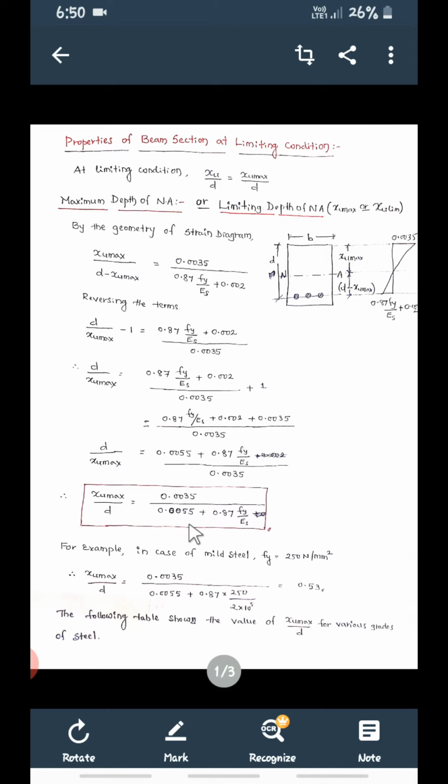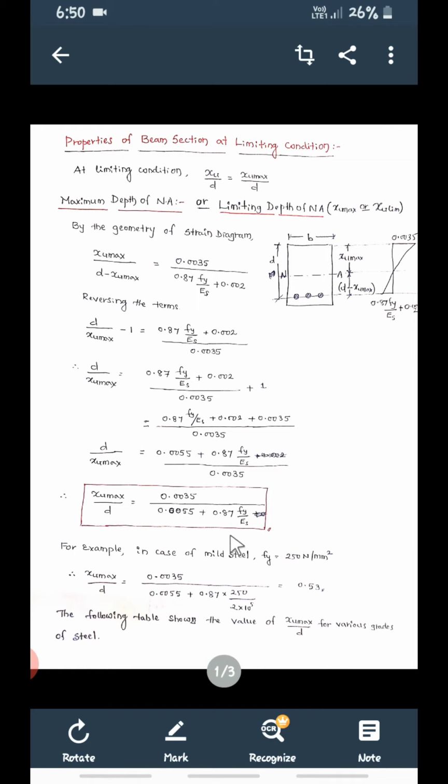So this equation can be used to find the maximum depth of neutral axis, that is Xu max, or you can also write Xu limit upon d. This equation will be helpful to find the maximum depth of neutral axis.